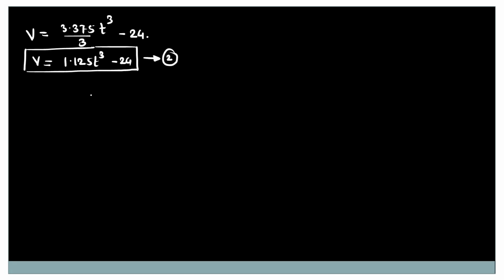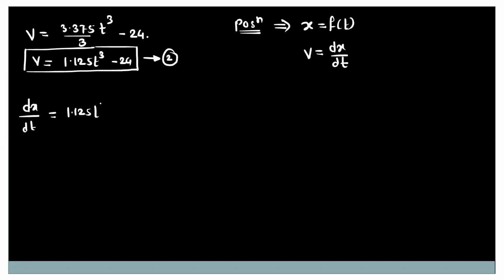Now next we have to find out the position. Okay, so for the position, we must have the equation for x as a function of time. So now refer the equation for velocity. It is nothing but dx by dt. So put this value in this equation. So dx by dt is equal to 1.125 t cube minus 24.